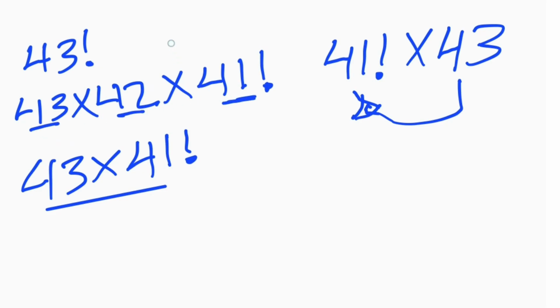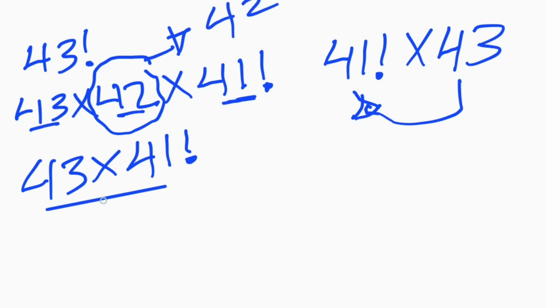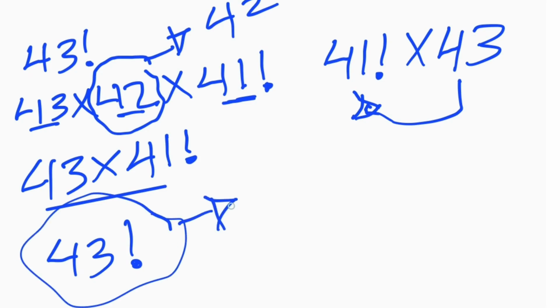On the left hand side we have the factor 42, but on the right side we don't have 42. We have only 43 times 41 factorial. So 43 factorial is actually bigger, and it is bigger by a factor of 42.